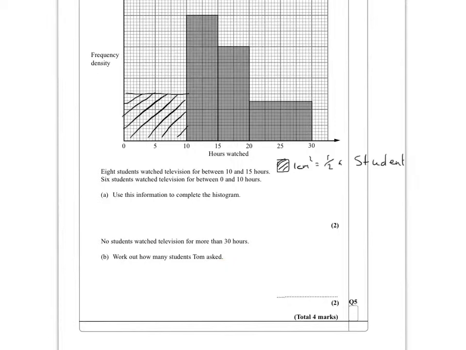The number of students he asked is given by the total area of this shape, all 4 bars added together. But we don't have to work it all out. We already know that this bit here is 6 students, and we also know that this bit here is 8 students. Now all we've got to do is count the squares in the other 2 bars.